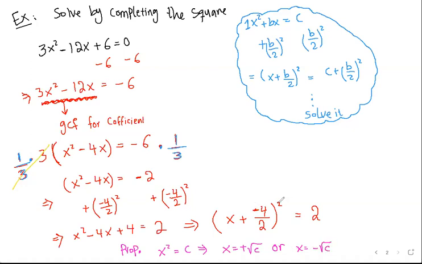So now look, we have x squared equals c, equal the number 2. So now we're taking the square root for both sides.